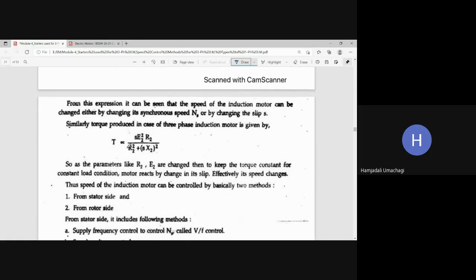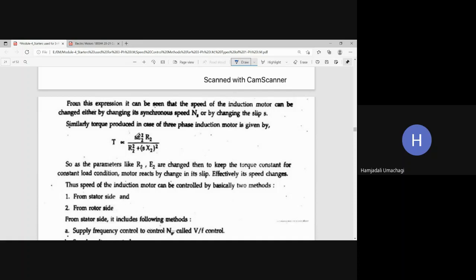So from this equation, if we change the rotor standstill induced EMF E2 and rotor resistance R2, then automatically torque, which is directly proportional to them, is going to change. But torque should remain constant. So to keep the torque constant, what will the three-phase induction motor do? It will change the slip.